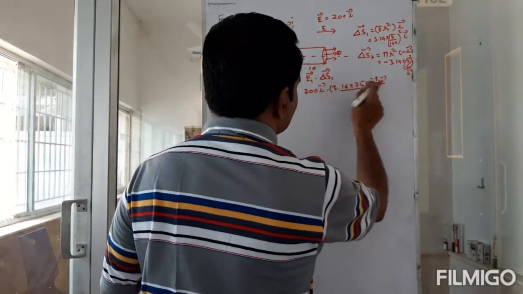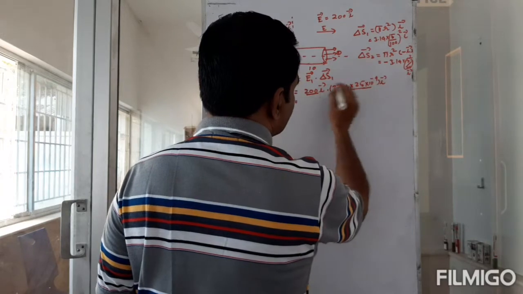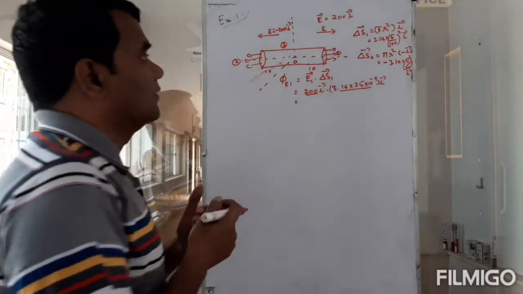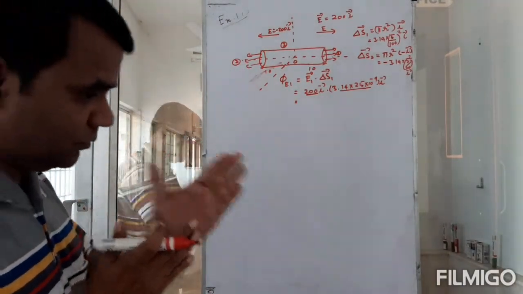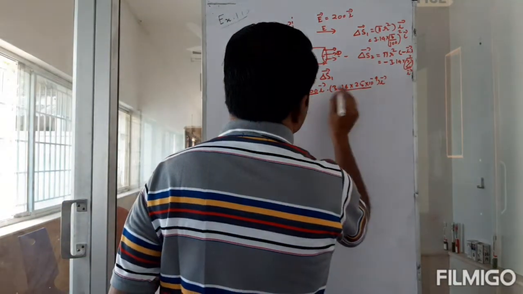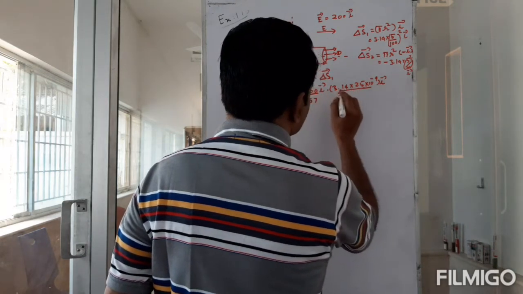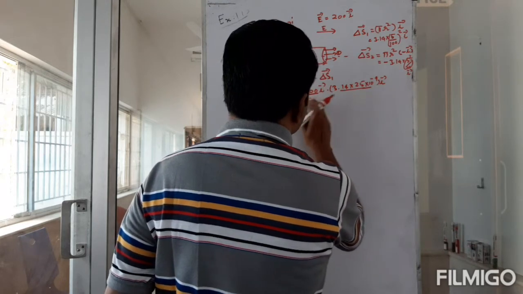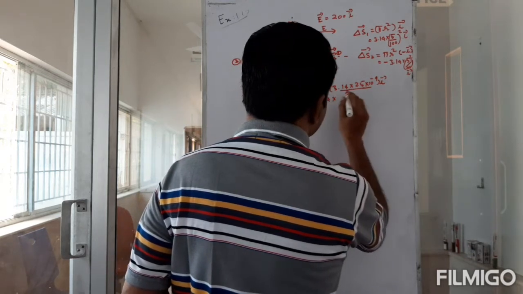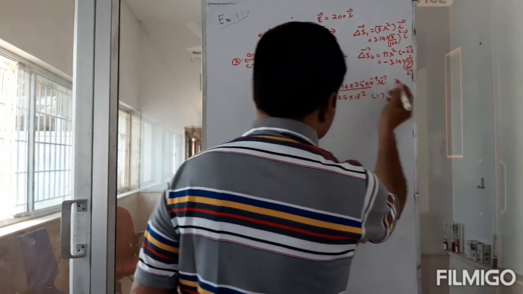If you do that, anyway, I got 200, 10 power minus 4, I get 10 power minus 2 there, and then 2 into 25, 50 into 3.14... so I'm going to get 157. 200, but I take 2 into 3.14 into 25 into 10 power minus 2, and I dot I is 1.